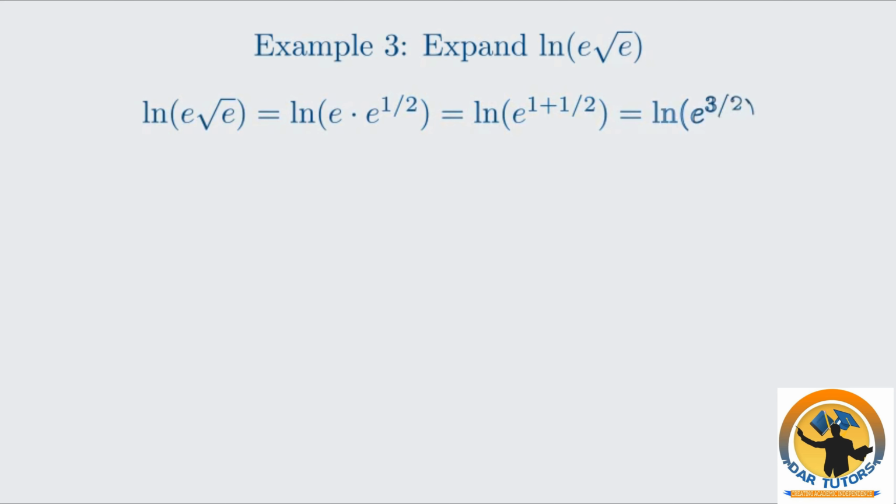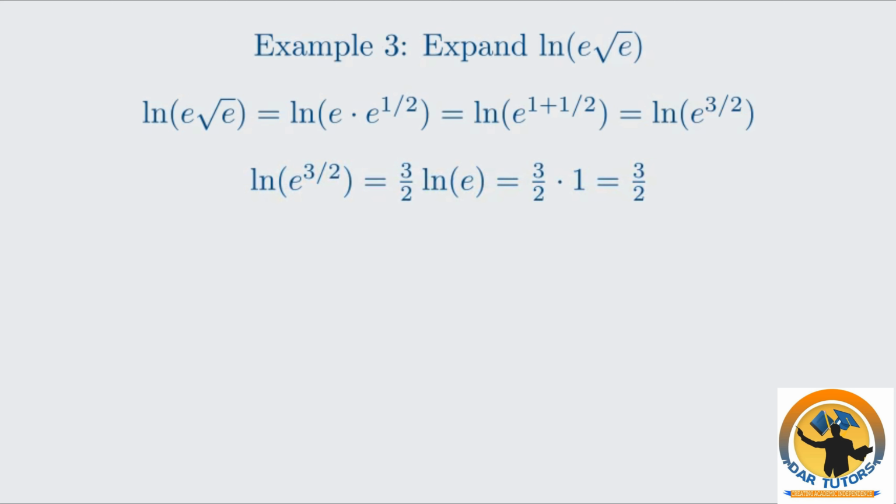So the expression is the natural log of e to the 3/2. Now we can use the power law to bring the exponent to the front. This gives us 3/2 times the natural log of e. Remember that the natural log, ln, is the logarithm with base e, so ln e is 1. Therefore, the final answer is 3/2.